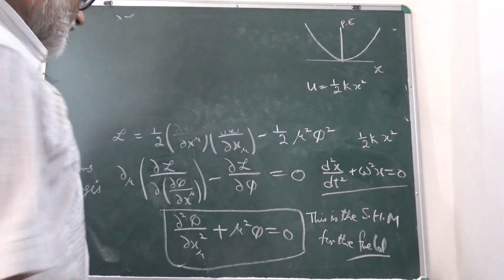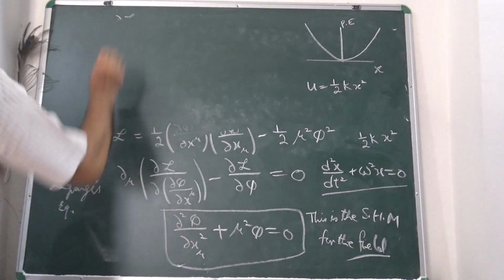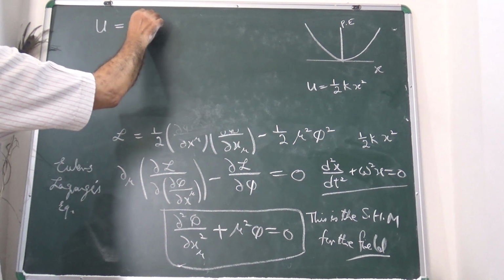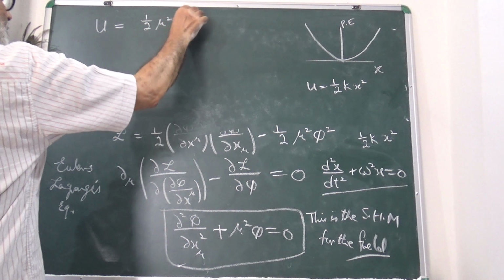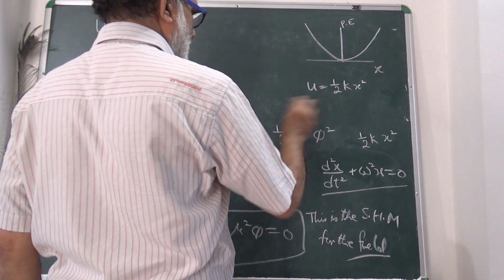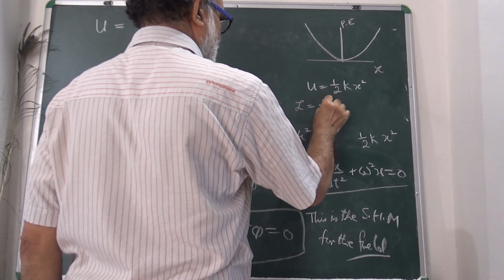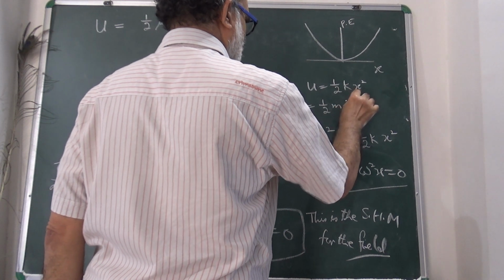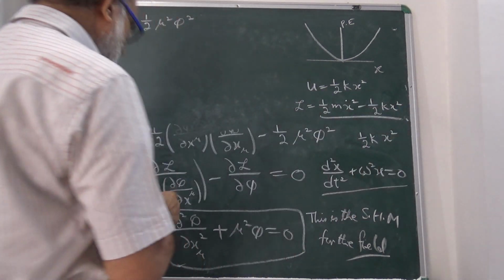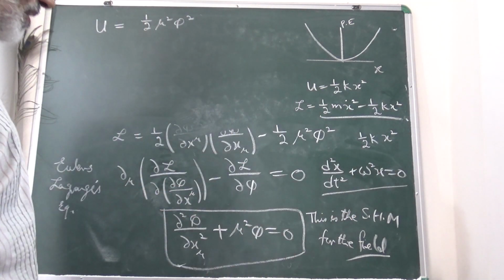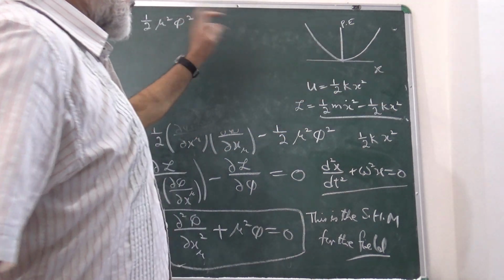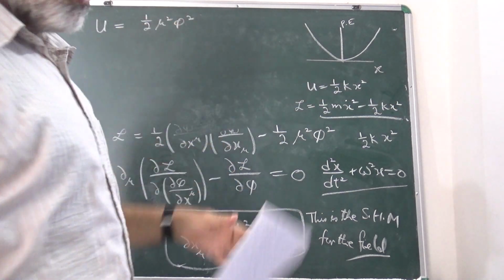In the field case, the potential energy is half mu square phi square. In the spring case, the Lagrangian is half m x dot square minus half k x square, just like the equation we erased: kinetic energy minus potential energy.